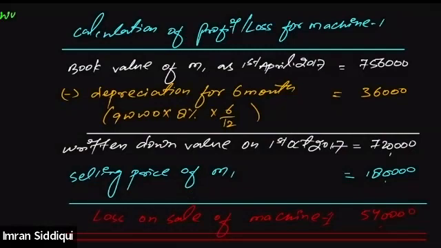This is an extra working note for the calculation of profit and loss for machine 1. Let me know whenever you are done so that we can move to the calculation of the closing balance of the year 2017-18, because we need to do that as well. We are yet to find out the closing balance of the year.